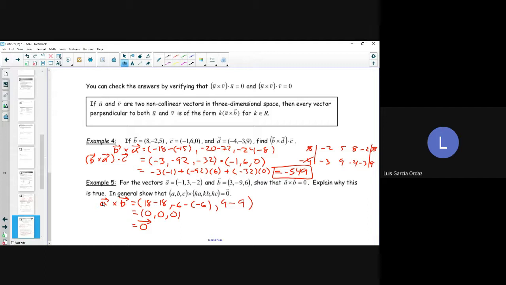All right. Now, in order to prove this, I need to show why abc cross product ka, kb, and kc gives me the 0 vector. So let's show this proof. So let's take a, b, c, and take the cross product of ka, kb, and kc. And we need to show that this equals 0.